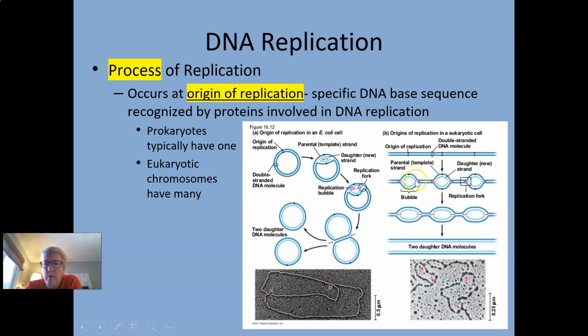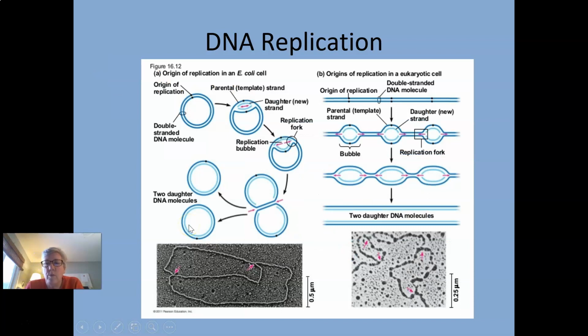And we'll get a replication bubble, and then replication will proceed in both directions from those origins, okay? And then they'll get to the end, and these will merge, and we'll end up with two complete strands as part of the double-stranded daughter. All right, so it all starts at these origins of replication.